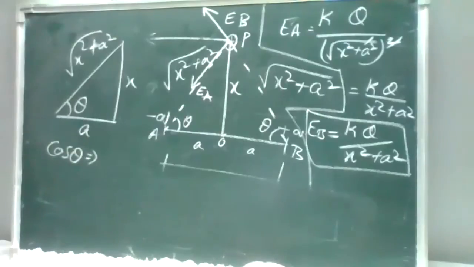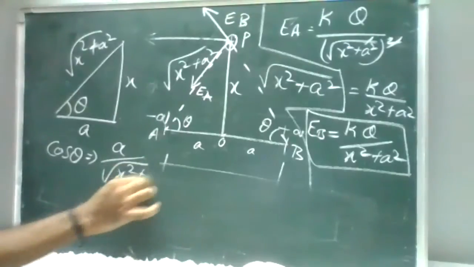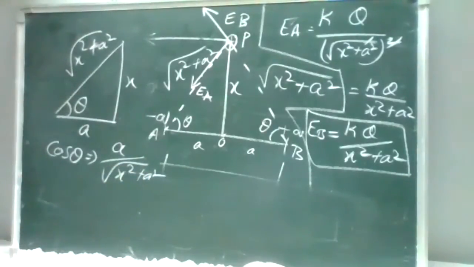The hypotenuse is the root of x square plus a square, the opposite side is x, and the adjacent side is a. Cos theta is nothing but adjacent by hypotenuse. So it is a by square root of x square plus a square.